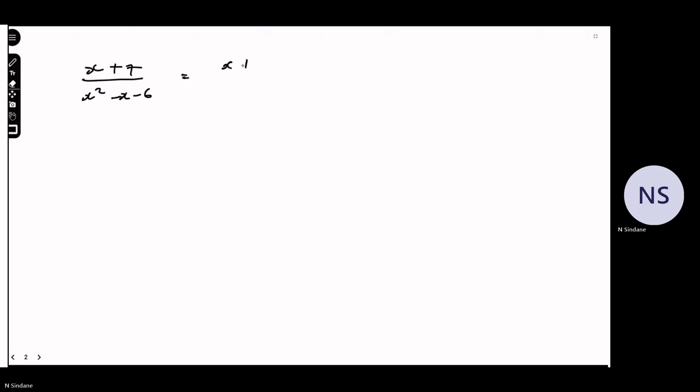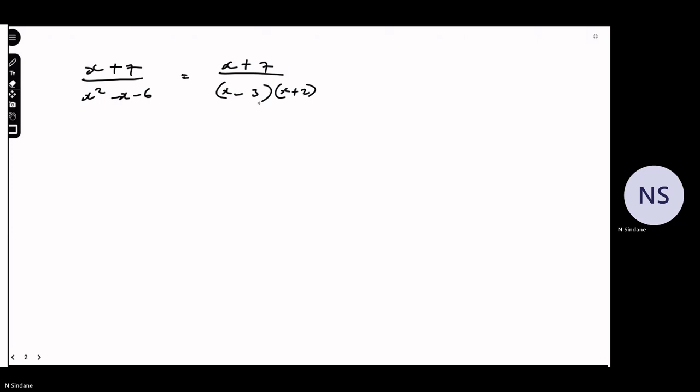x plus 7 over x squared minus x minus 6. Let's see if we can have factors of 6: 3 and 2. Which one is positive, which one is negative? This is negative and that is positive. So these are the factors that we have.